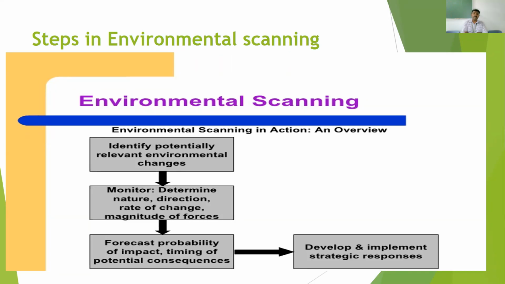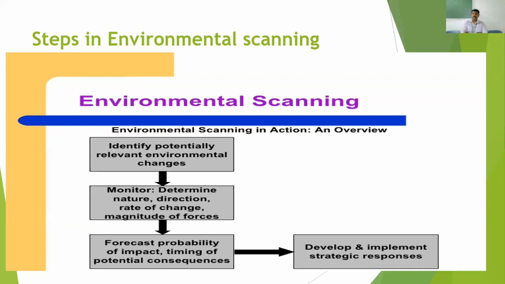And third one, forecast probability of impact, timing of potential consequences. You should predict the probability of impact because of those environmental changes, what kind of impact they will create, and when they will create the impact. That you have to identify through this process. Then the last stage, develop and implement the strategic responses.